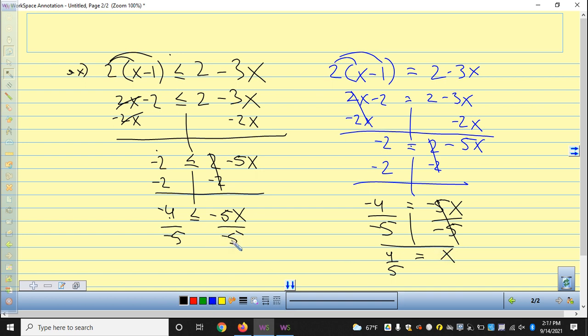For my inequality, I'm dividing both sides by negative 5. This is where I have to remember to switch. Well, negative divided by a negative is positive. And then I turn my arrow around because I've divided both sides by a negative.